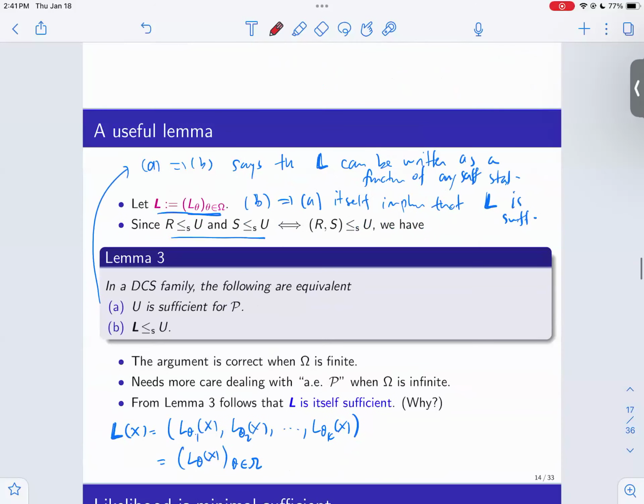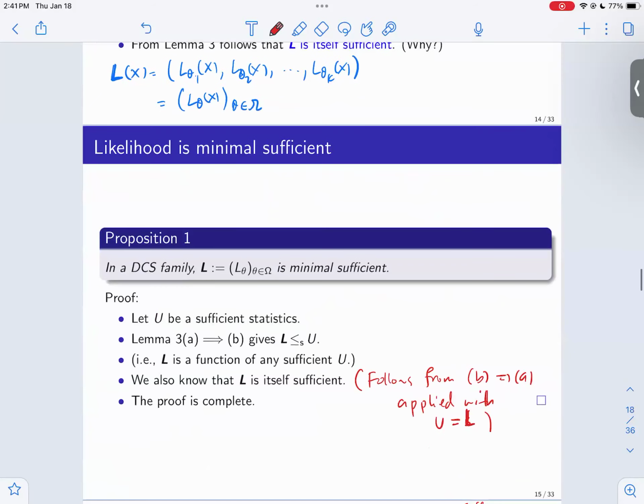So L is going to be for us this quantity, L theta, with theta in Omega, and L theta is just P theta of X divided by P of the reference. So this particular statistic is the likelihood ratio process, if you want. There's nothing arbitrary here. L is exactly this.